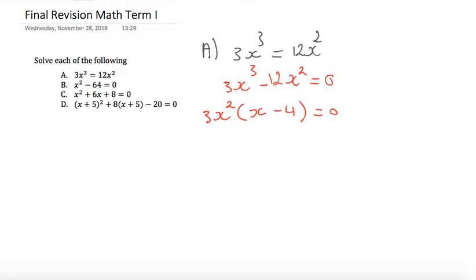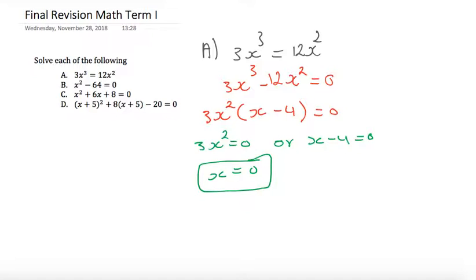Using the zero product property, you end up with either 3x^2 equal to 0 or x minus 4 equal to 0. So in this case x equals 0, but because it's squared, that means it has multiplicity of 2, and this one, x equals 4.